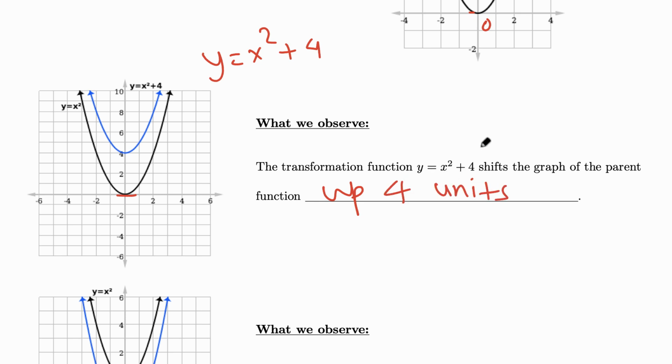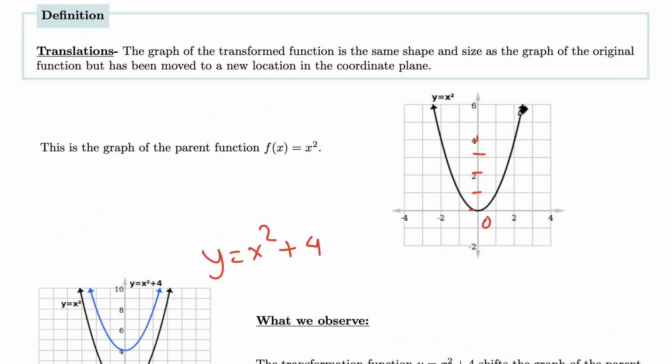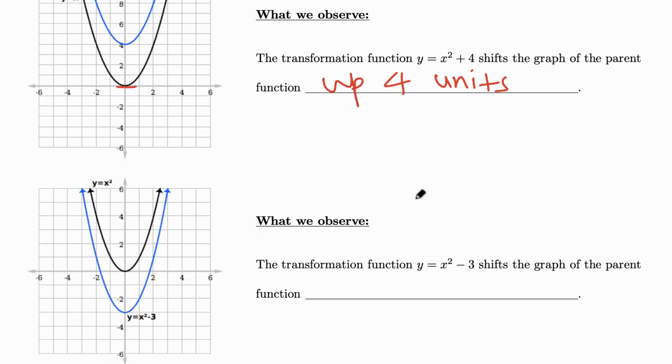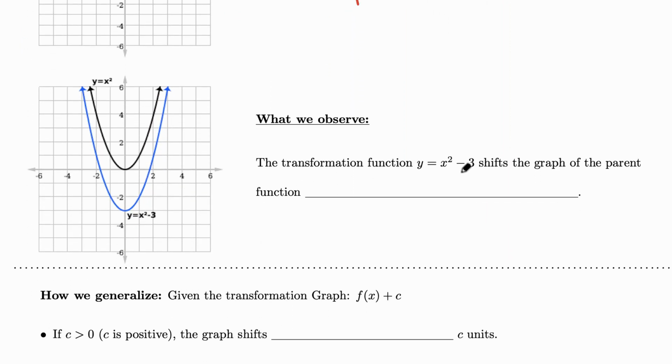All it does is shift the original graph 4 units up. In the same way, x squared minus 3 means the parent function shifts down 3 units, so 3 units downward.